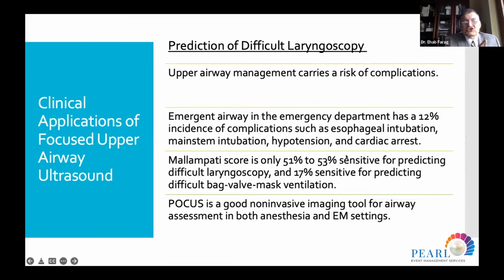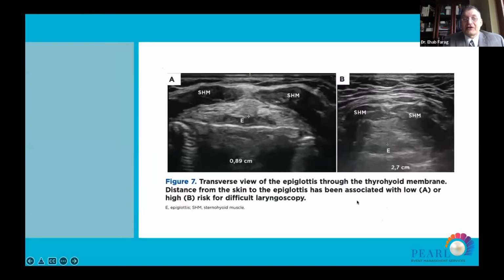The Mallampati score is only 51 to 53% sensitive for predicting difficult laryngoscopy, and 17% sensitive for predicting difficult bag-valve-mask ventilation. POCUS is a good non-invasive imaging tool for airway assessment in both anesthesia and emergency medicine settings. If you remember the first slide, I showed you how you can predict the difficult intubation.